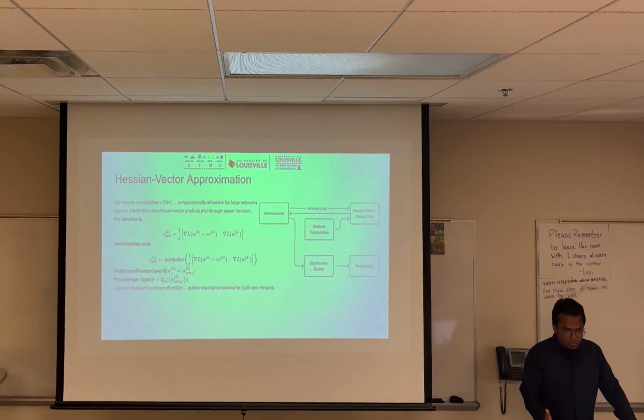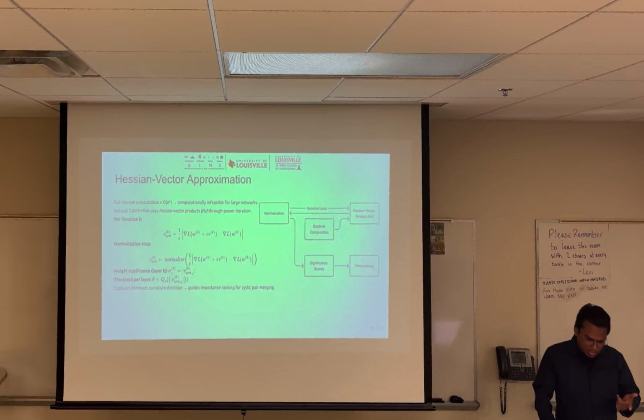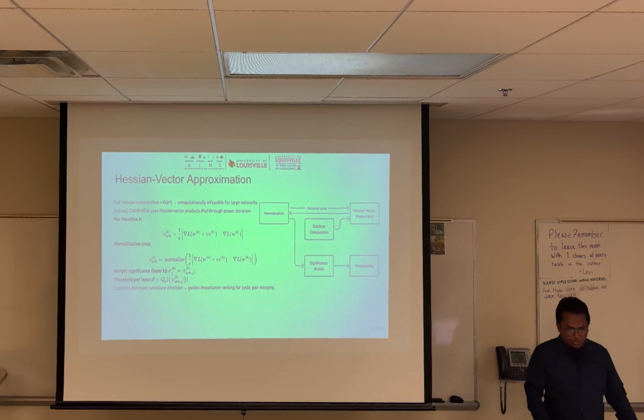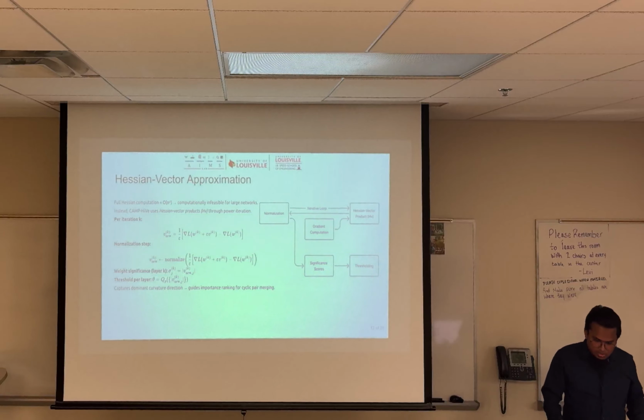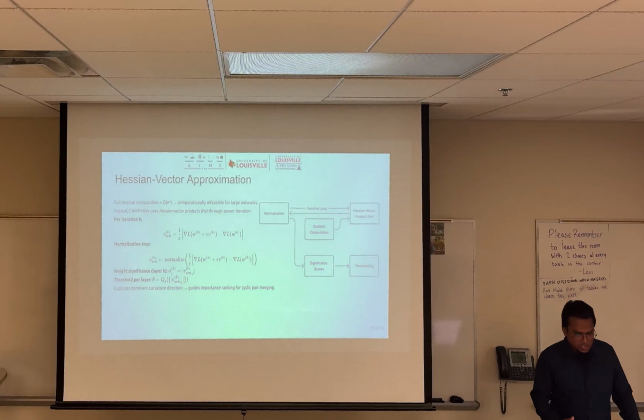Instead of ever forming the Hessian explicitly, CAMP-HiVe computes only Hb, the product of the Hessian with a vector. This gives us the curvature information along a single direction without touching the full Hessian matrix.